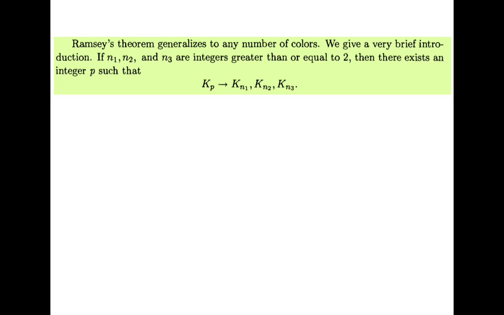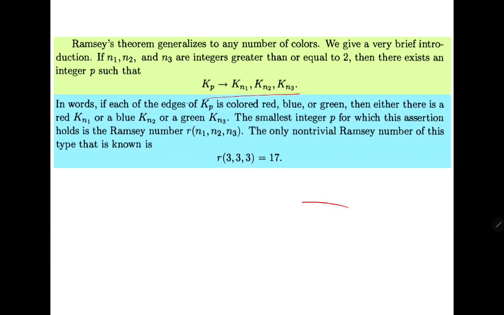If you want to generalize the Ramsey theorem, the generalization can be in terms of any number of colorings. We have just discussed two colorings. We can generalize for three colorings, four colorings, and so on. So for three colorings, this is how it looks. And only one result is known for three colorings, which is R(3, 3, 3) is equal to 17.